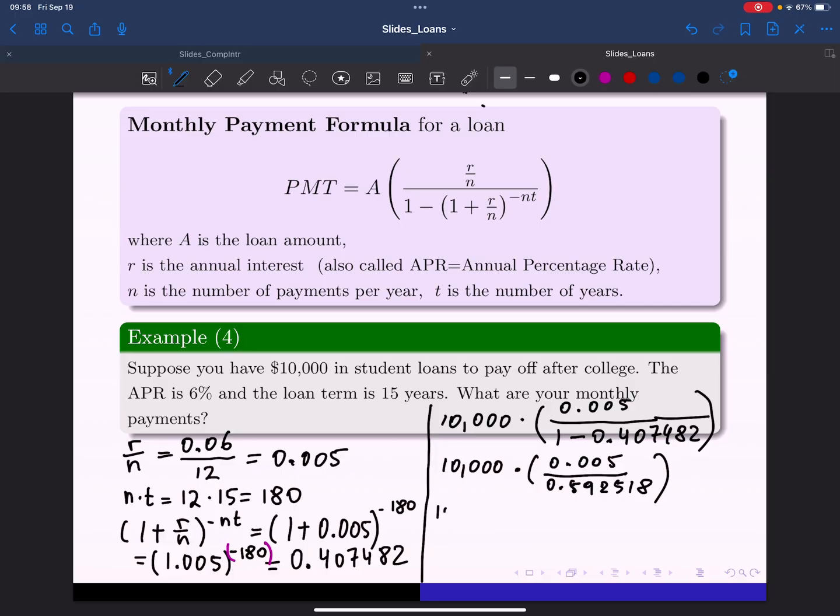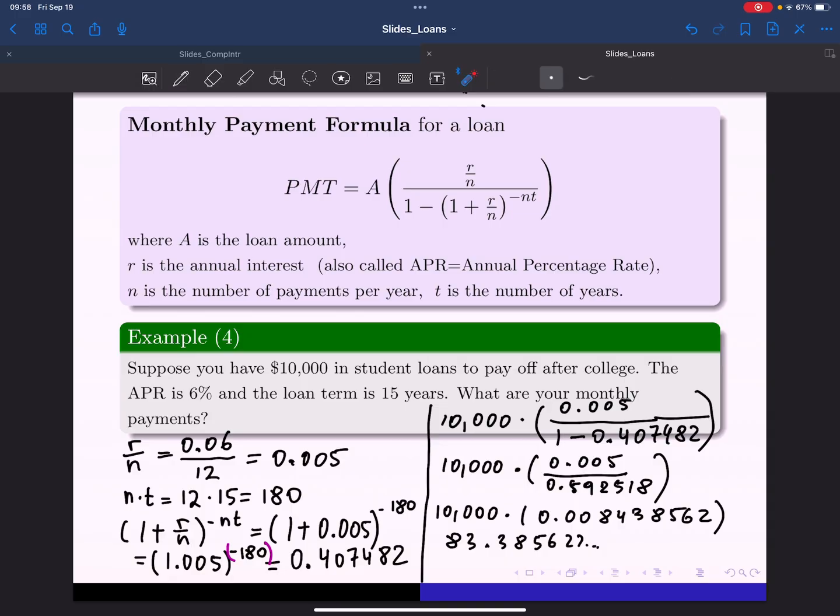So we have 10,000 times 0.008438562, and my final answer is 83.385622 and so on.